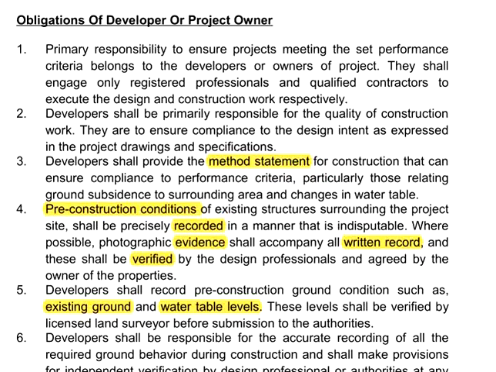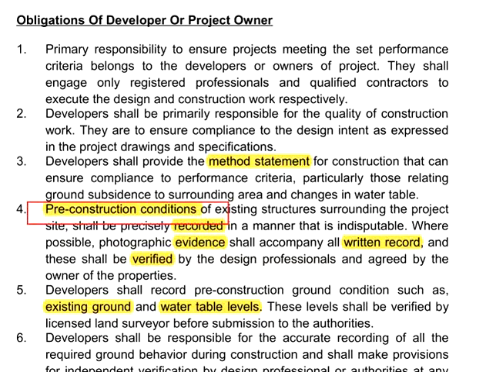There is a requirement that the pre-construction conditions of the existing structures surrounding the project site be precisely recorded in a manner that is indisputable, and if possible, there should be photographic evidence accompanied with written record, and this shall be verified by the design professionals and agreed by the owners of the properties.